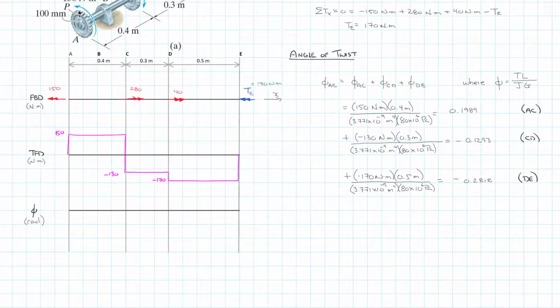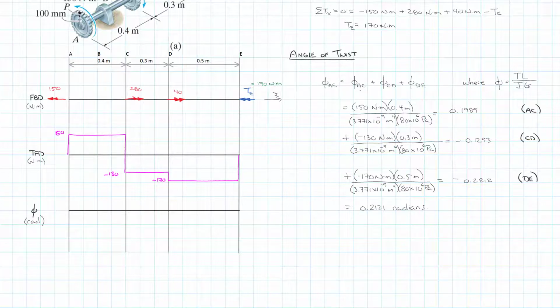And when we sum those up, as we set out to do, we get 0.2121 radians. Now we have to transfer this to our angle of twist diagram to track it. And of course, when I calculated these out, I calculated them kind of left to right.